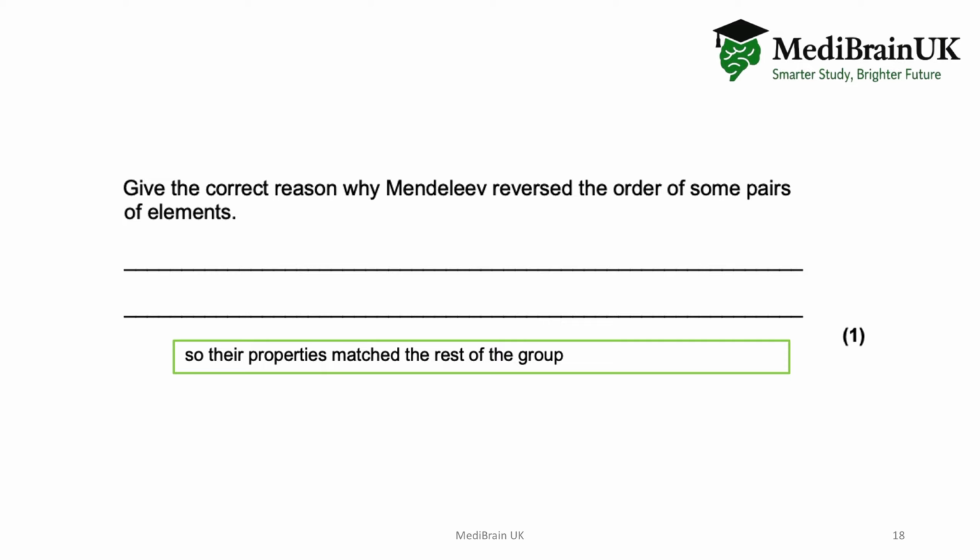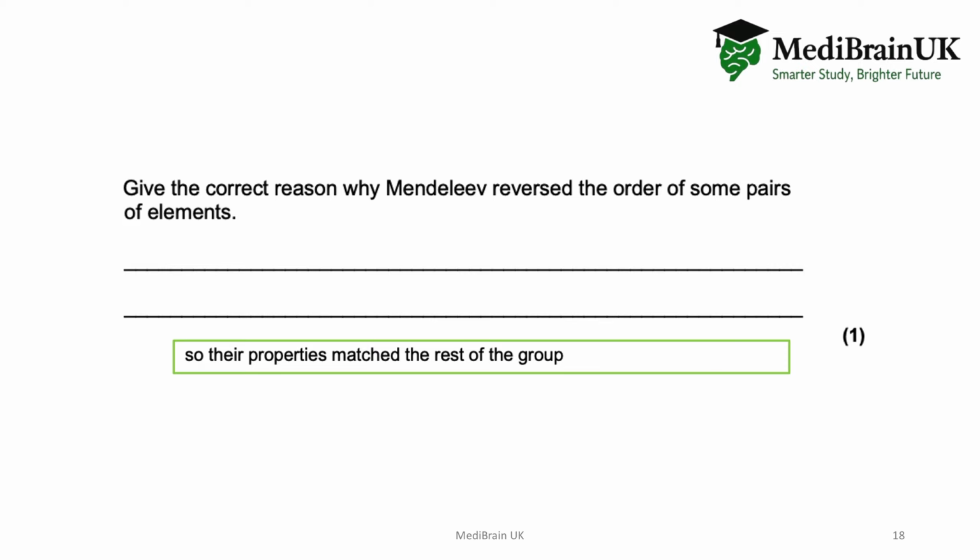And the reason why is because, remember, the periodic table is in groups and it's in periods. So remember, the groups have similar chemical properties. For example, group 1 elements all have 1 electron in their outer energy level. So the reason why he had to switch around some pairs of elements is so that they matched the properties of the elements that were in their group.